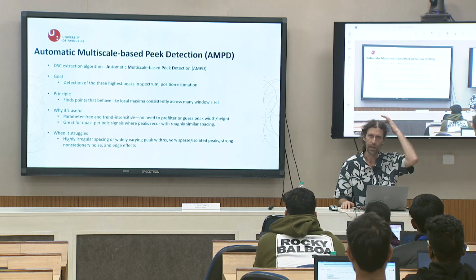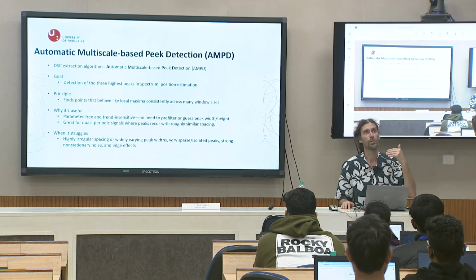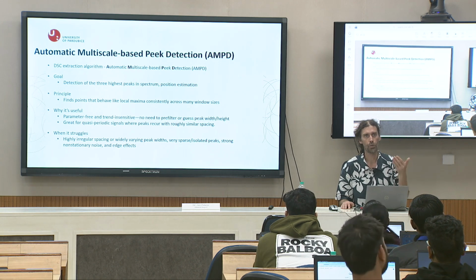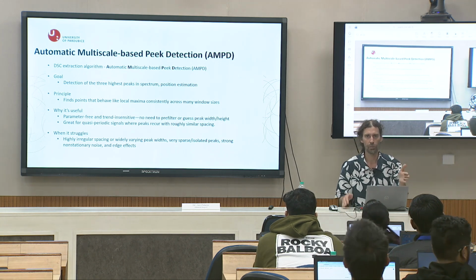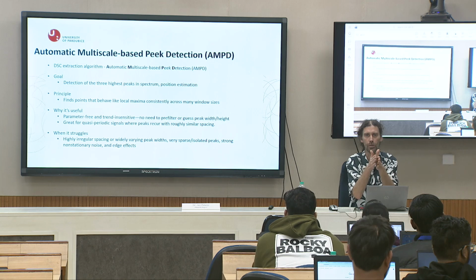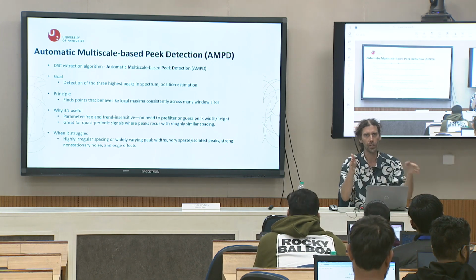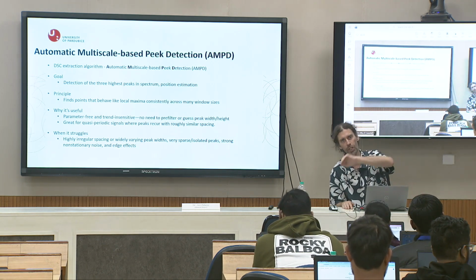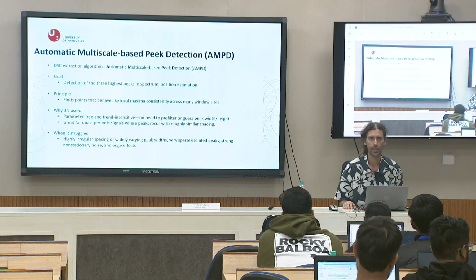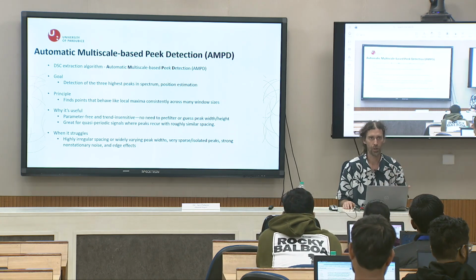Okay, some maxima, but on which parameter does it depend how many maxima I will find? On the size of the window. Because of course, if you take a small window, you will detect something, and if it is large, you will make averaging, and you will detect another number of maxima.